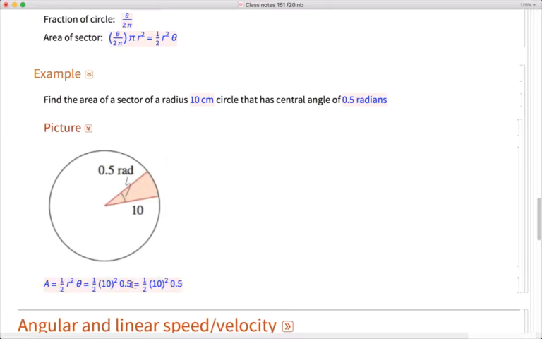If the angle is given in degrees, you have the same options as before: convert to radians, or else recompute as a fraction, as we did. So that has area 25 square centimeters, radius 10 centimeter circle.